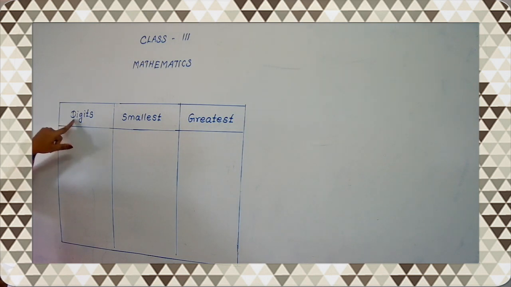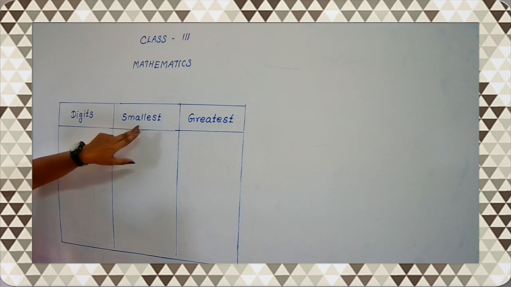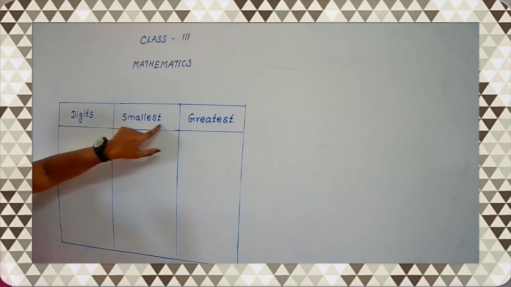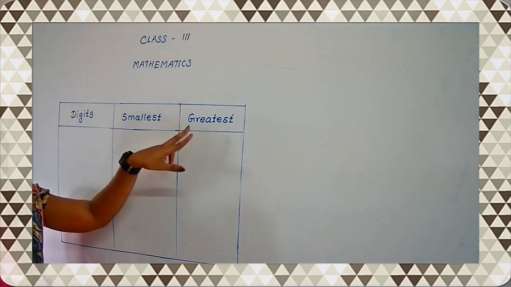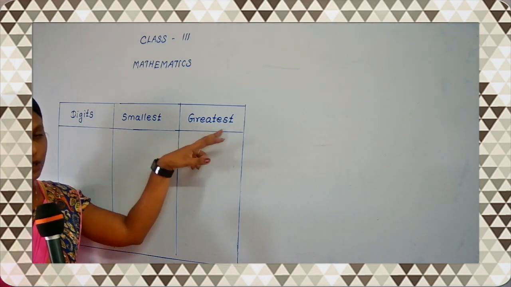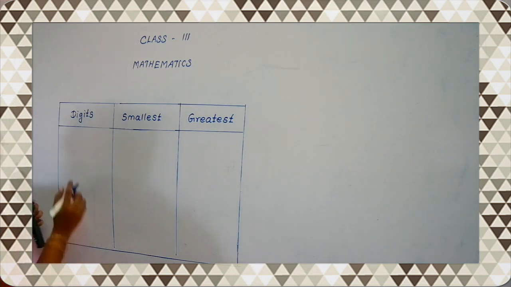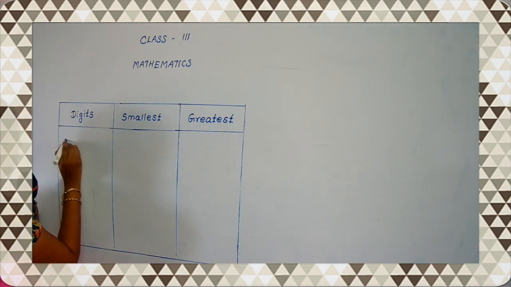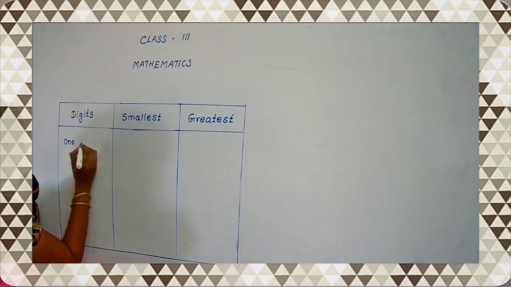D-I-G-I-T-S, digits. S-M-A-L-L-E-S-T, smallest. And G-R-E-A-T-E-S-T, greatest. Okay children. First one, 1 digit. O-N-E, 1.